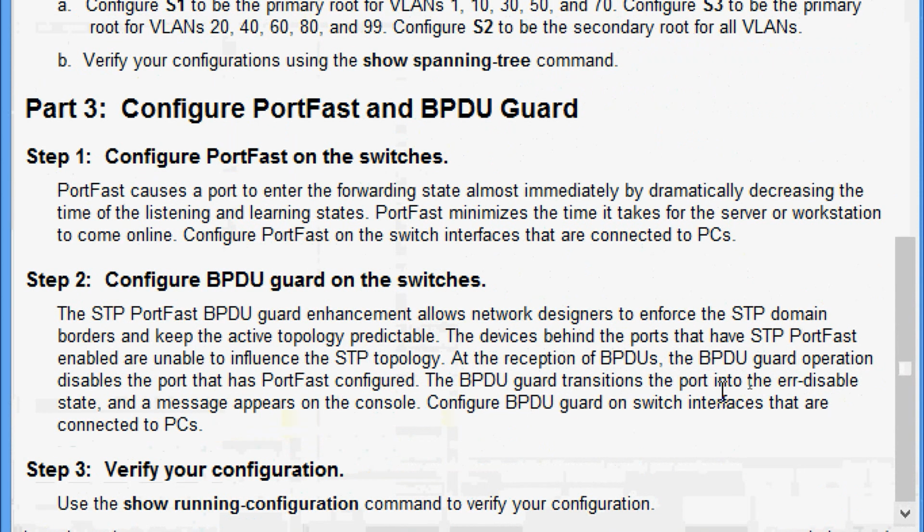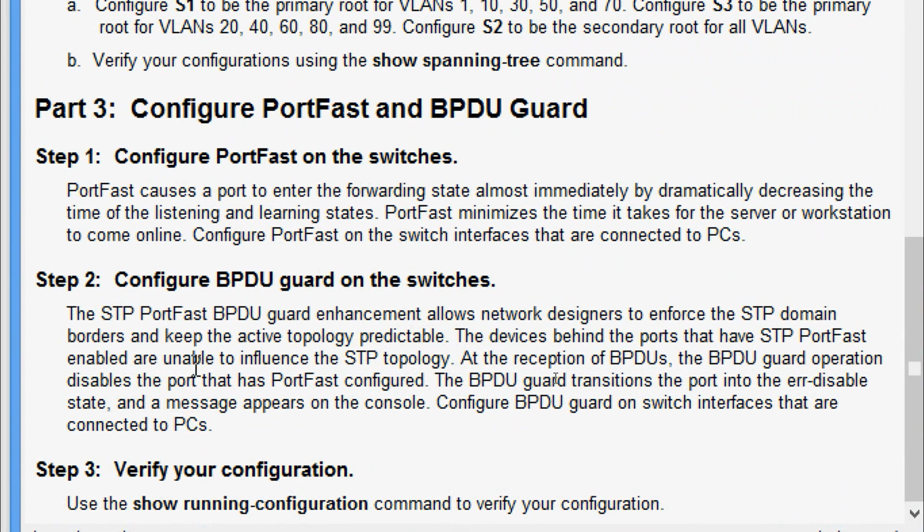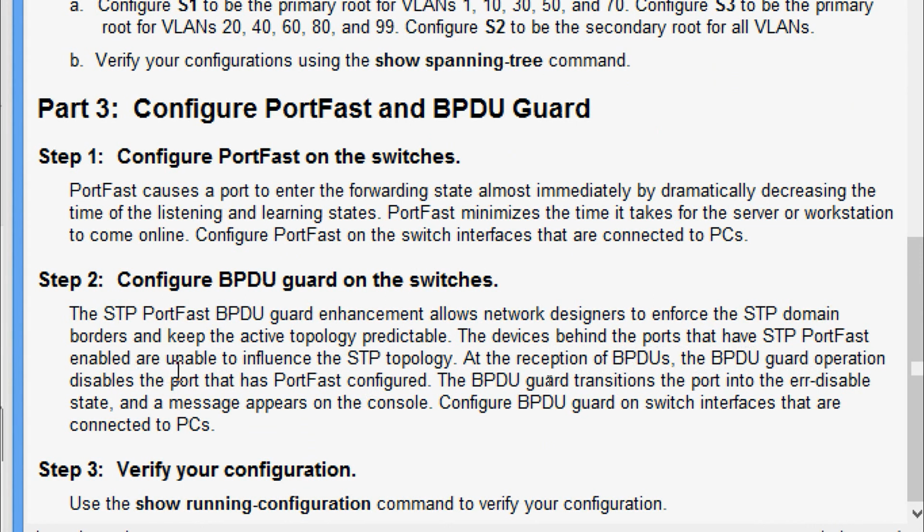Now we will come to step 2. Configure bpdu guard on the switches. The STP port fast bpdu guard enhancement allows network designers to enforce the STP domain borders and to keep the active topology predictable. The devices behind the ports that have STP port fast enabled are unable to influence the STP topology.